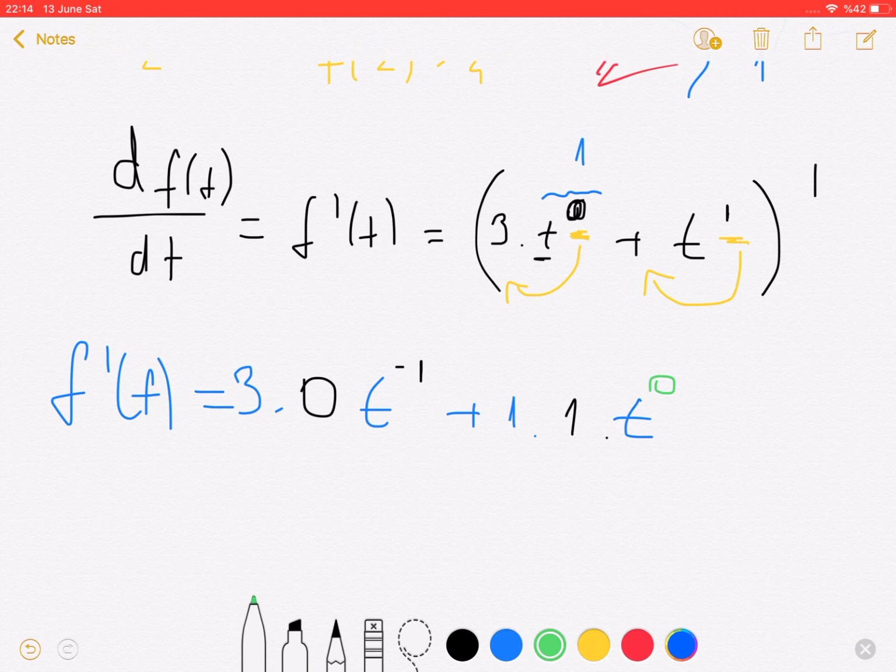Okay. So what does that mean? That means 1. That first term is 0. So my f prime of t equals 0 plus 1, which is 1.